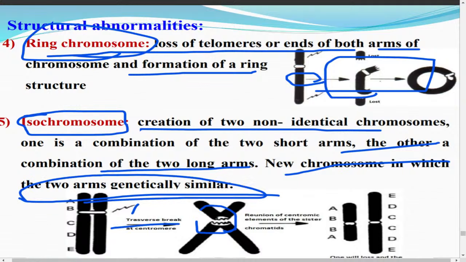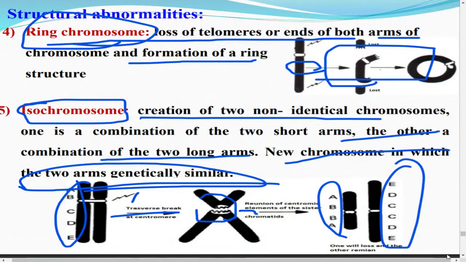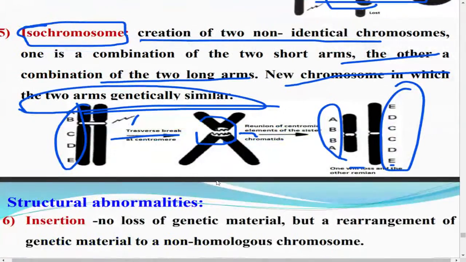This is the transverse break at the centromere and formation of isochromosomes. This one is ABCD, this one is CD, with the union of centromeric elements of the sister chromatids, causing one that will be lost and the other remaining.